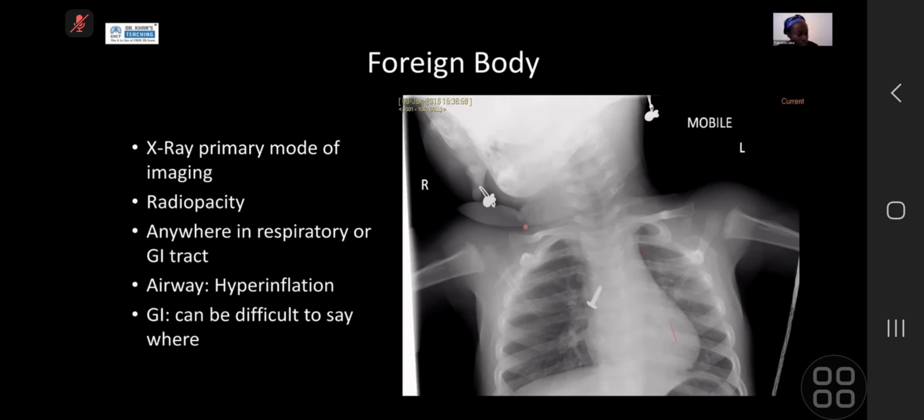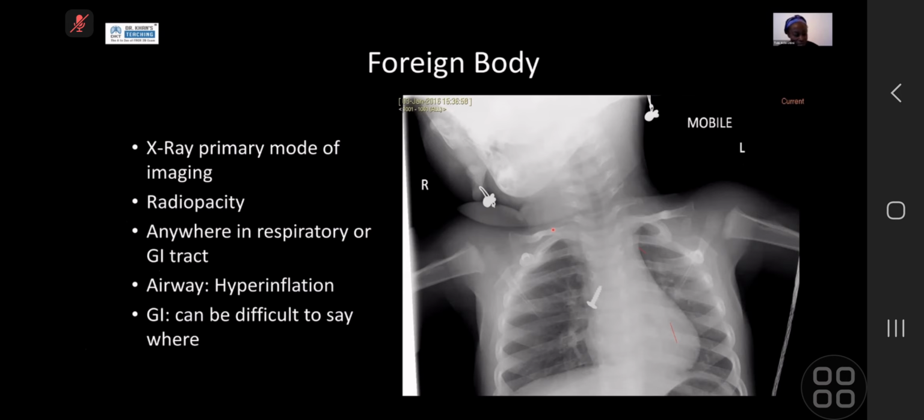These are the first-line imaging for foreign bodies. Some people do them as low-dose fluoroscopy imaging. Some people do a proper radiograph. I personally prefer a proper radiograph with the initial X-ray, but it depends on your practice locally. And what you're looking for is a radio-opacity or radio-density that looks foreign, basically.